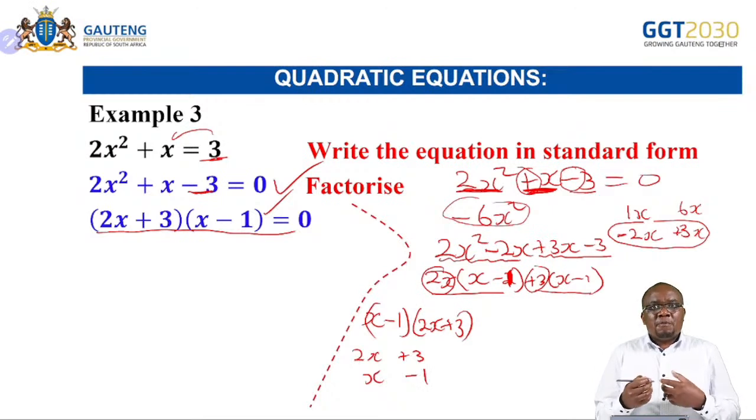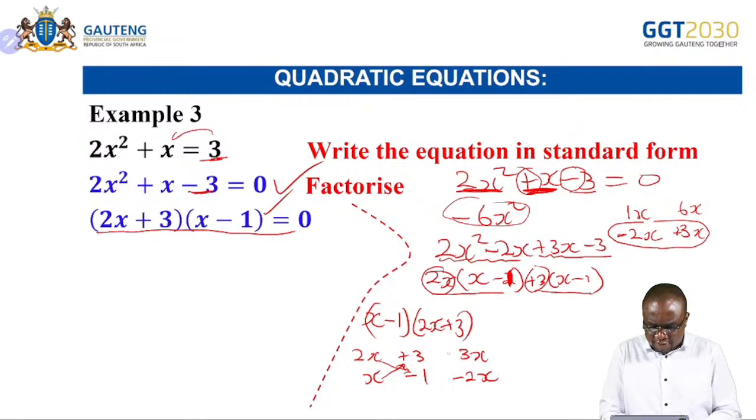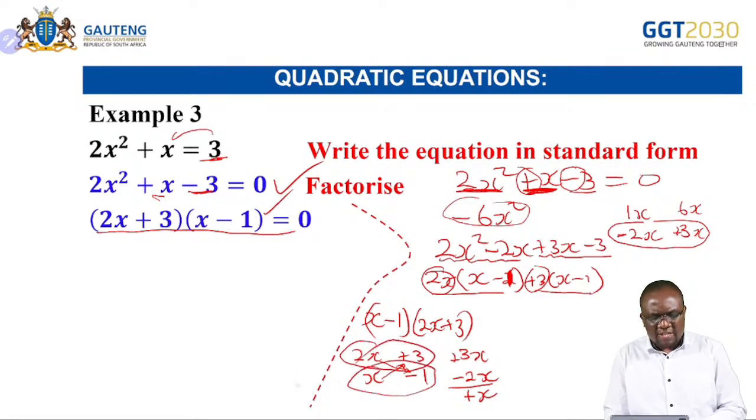Here I'm just trying the combination that will give us the answer straight away. Then cross multiply, this is 3x. Cross multiply, this is negative 2x. Positive 3x minus 2x is positive x. You see, you're getting the middle term. Then this is the combination, 2x plus 3, then x minus 1. So these are the methods we can use.